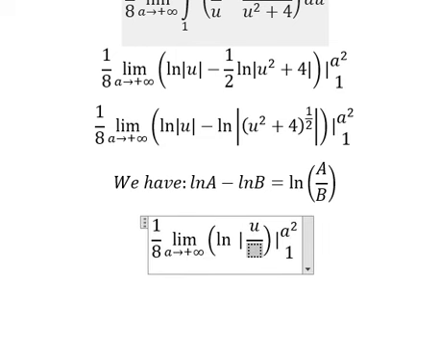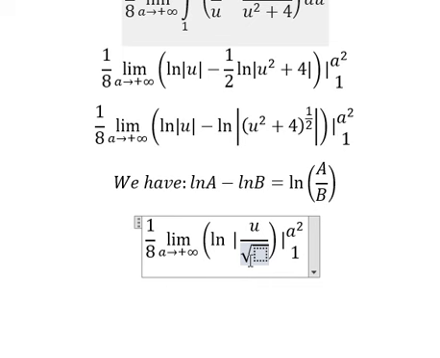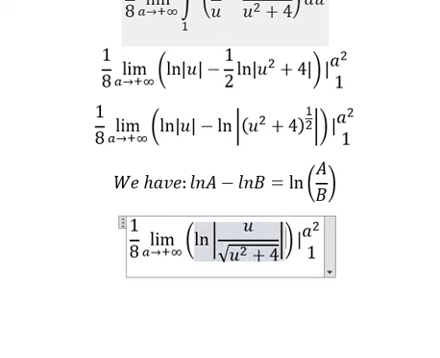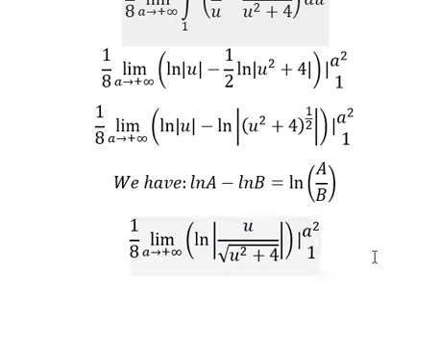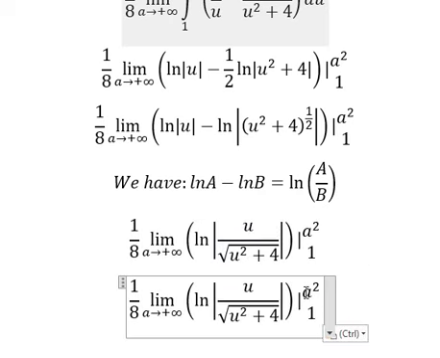One over 2, that is about the square root. So we put a square gone here, number 1 gone here.